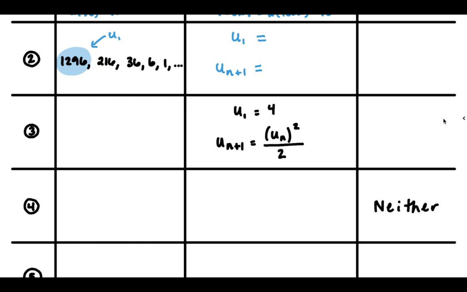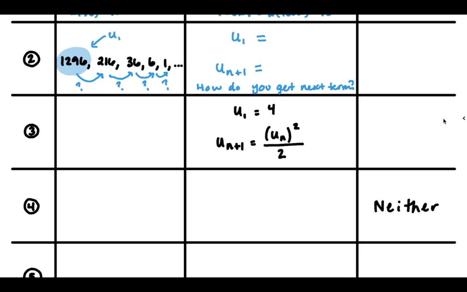And then for u sub n plus 1, we should ask ourselves, how do you get the next term? What do you do to go from 1296 to 216? 216 to 36? 36 to 6? 6 to 1?